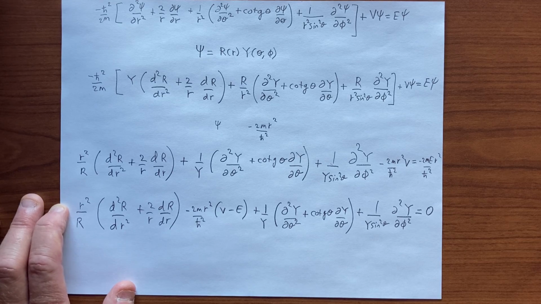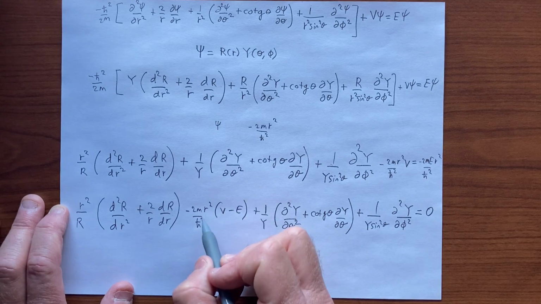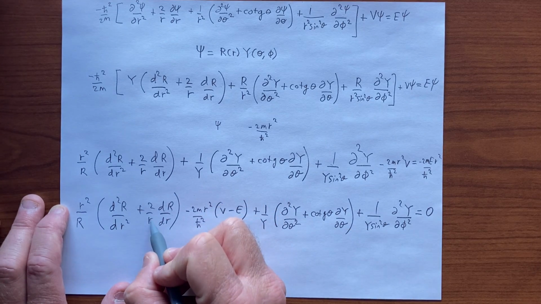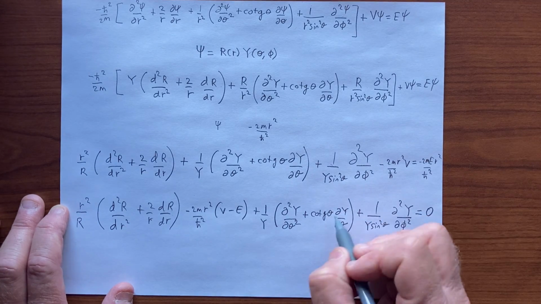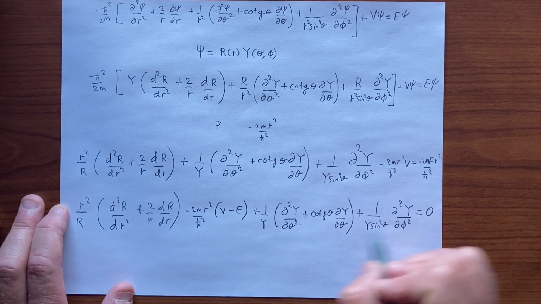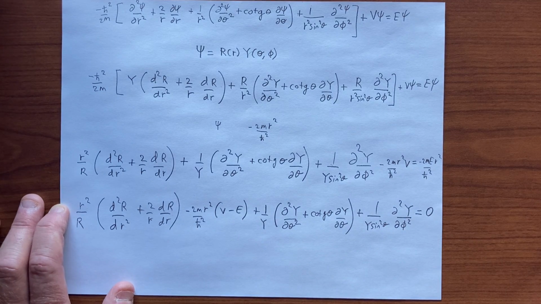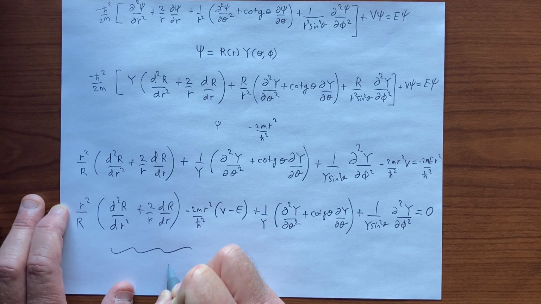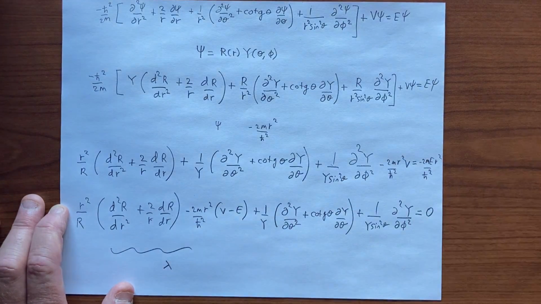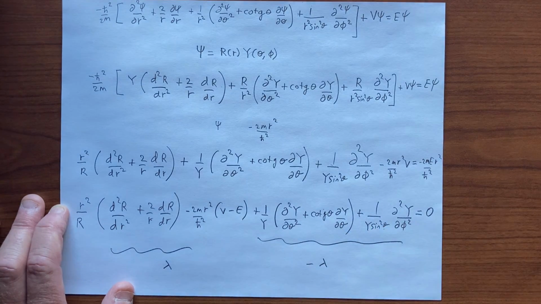And so we can see that for these two things to add up to 0, this, which depends only on that coordinate, and these pieces, which depend only on these angular coordinates, must individually be constants. And so normally we say that this whole thing is some constant. I think we use the symbol lambda, and therefore this whole thing here has to be minus that constant for that to be the case.